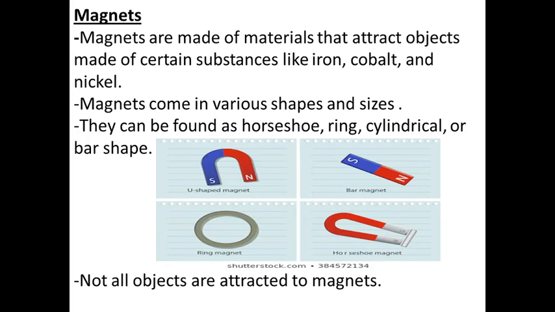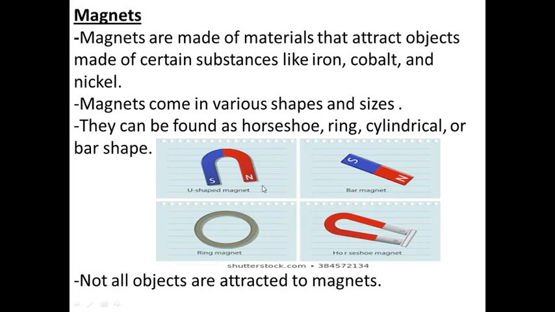No, only the things which are made up of iron, cobalt and nickel are attracted by the magnets. So these magnets are in different shapes and different sizes. You can see here the pictures of different kinds of magnets. See the size, see the shape of all the magnets. Okay, first one is the U-shaped magnet.